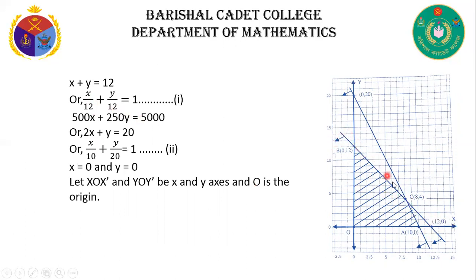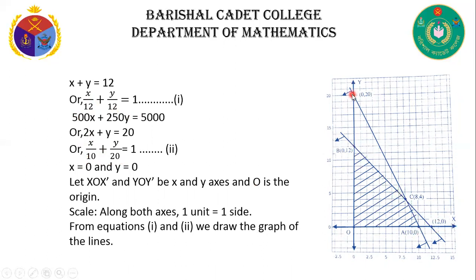That means these lines are the first inequality, and the second line is 10, 0 and 0, 20. Along both axes, one unit is equal to one side. From equations 1 and 2, we draw the graph of the lines.